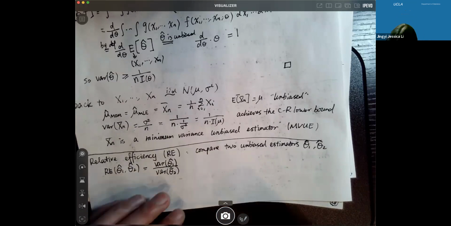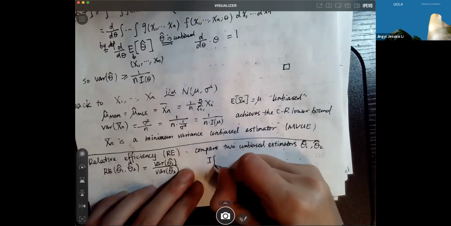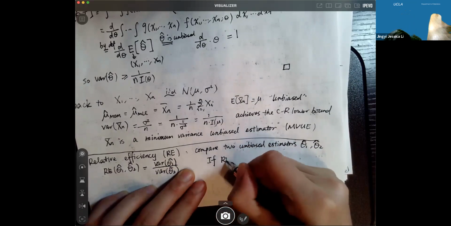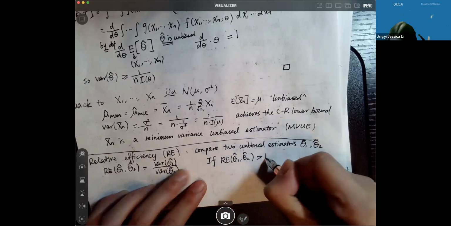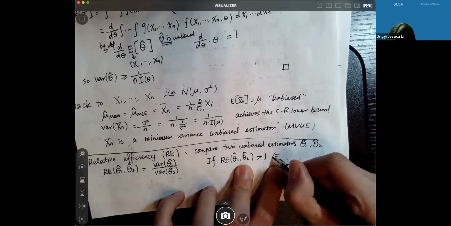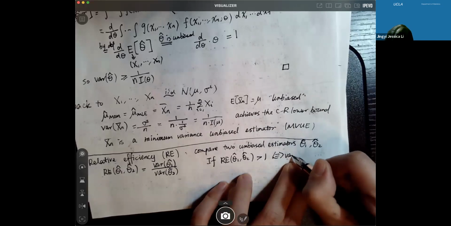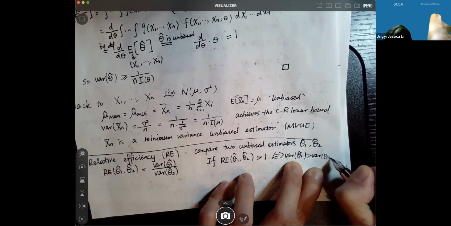Okay, so basically, if this RE, relative efficiency, of theta 1 hat and theta 2 hat, is greater than 1, based on this definition, then it just means the variance of theta 1 hat is larger than the variance of theta 2 hat, right?